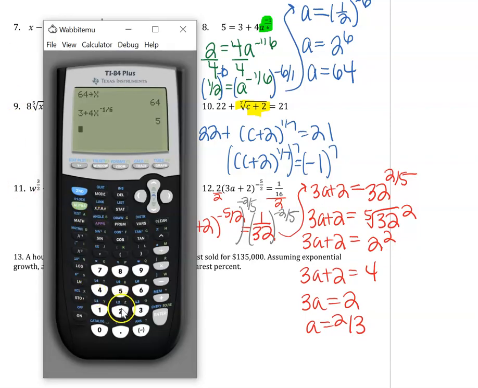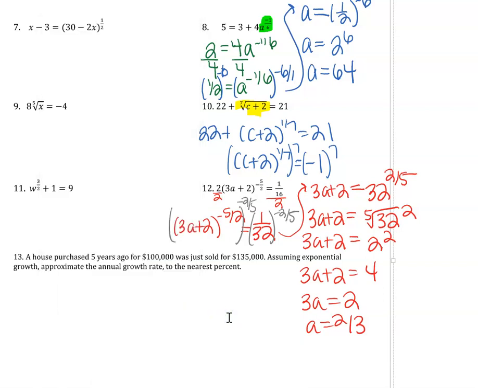If I take 2/3 and store that as x, I'm going to type in 2 times 3x plus 2 raised to the negative 5/2. See what that is as a fraction. It's 1 over 16, and it checks.